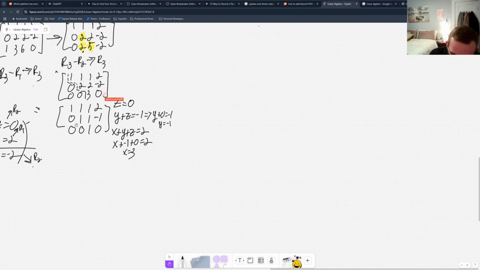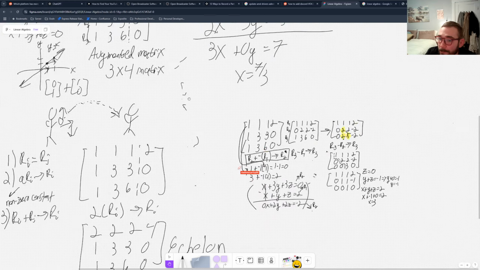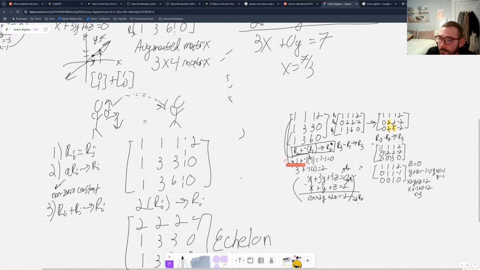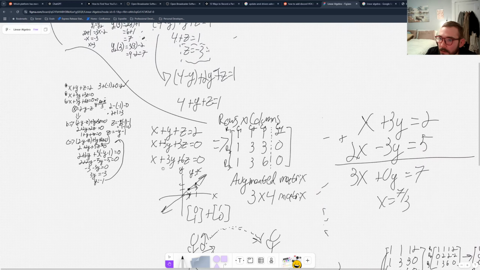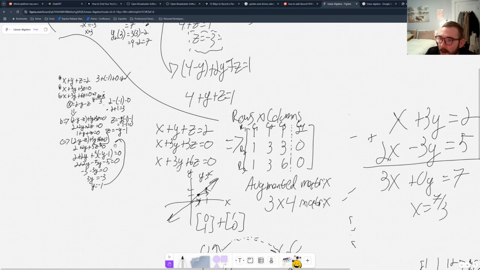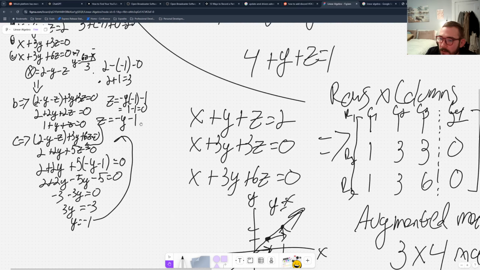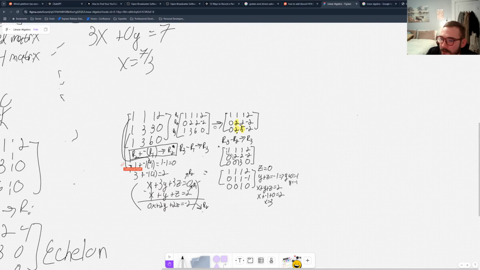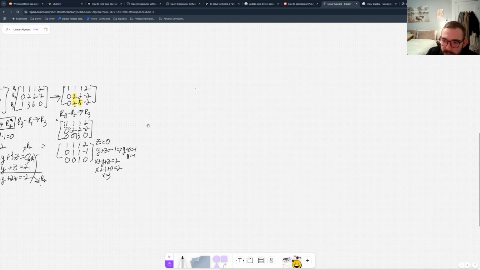If we go back to wherever we were solving this before, we got 3, negative 1 and 0 back here. It's the same, and what's nice about this is it's very easy to check.